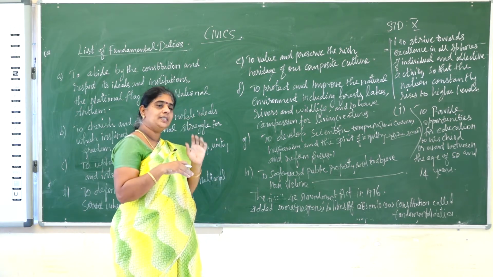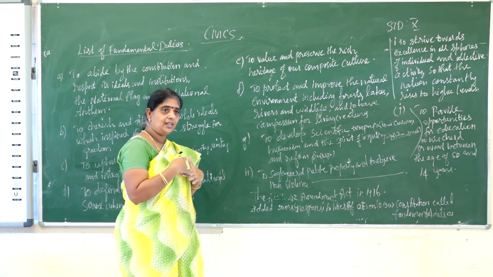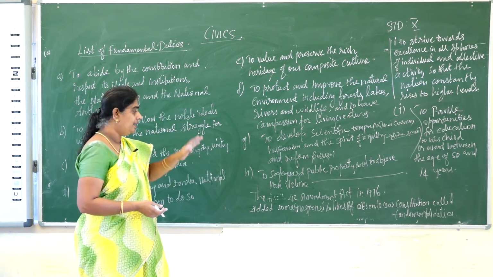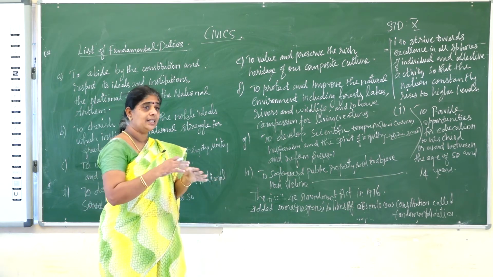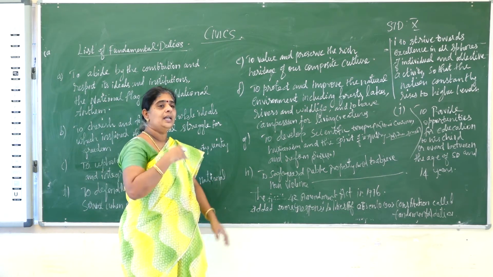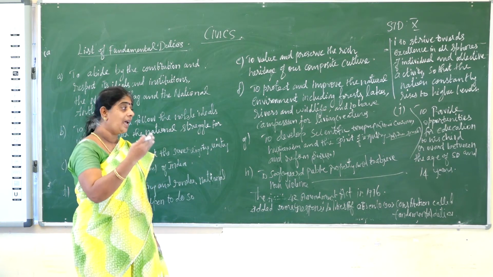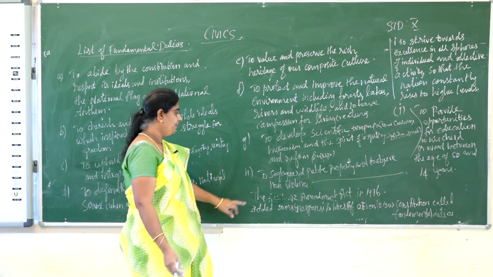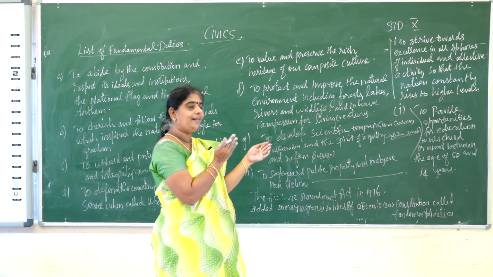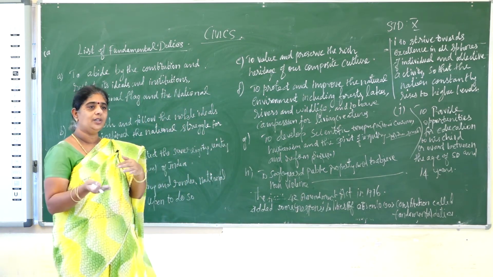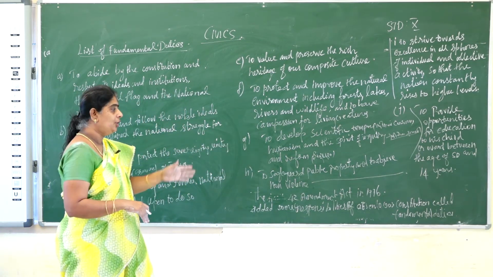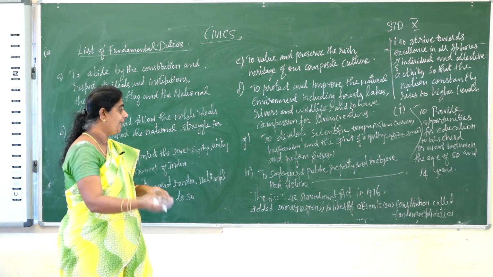Fundamental rights are rights given to us to enjoy, and fundamental duties are duties that we have to do for our country. This is the difference between fundamental rights and fundamental duties. Rights we can enjoy, duties we have to do for our country.